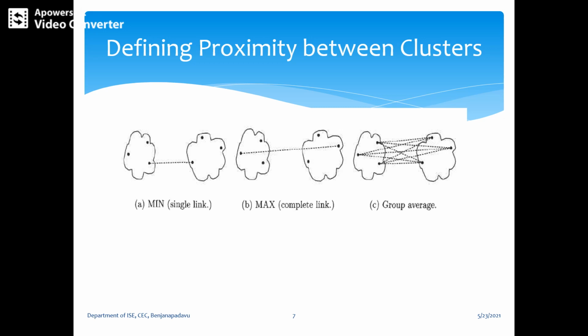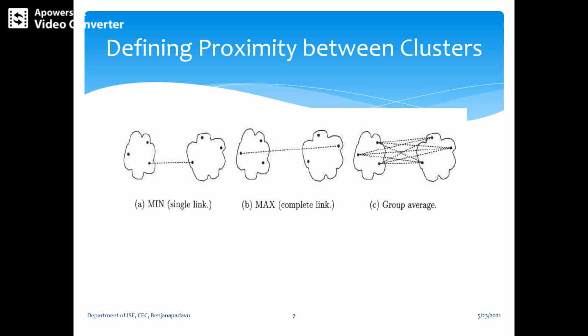Another thing here is the time and space complexity. The basic agglomerative hierarchical clustering algorithm just presented uses a proximity matrix, which requires the storage of half of m squared proximities, assuming the proximity matrix is symmetric, where m is the number of data points, like p1, p2, p3, p4, whatever it is.